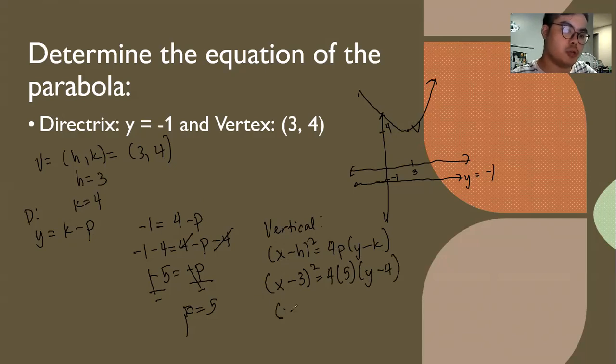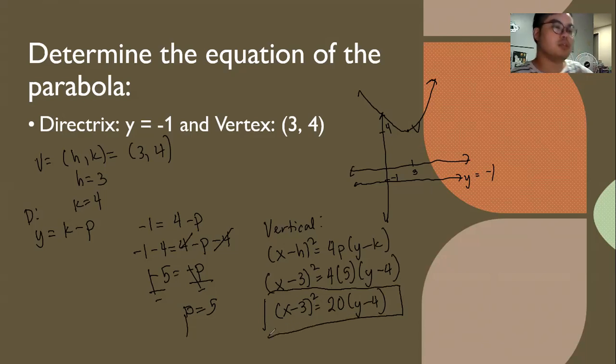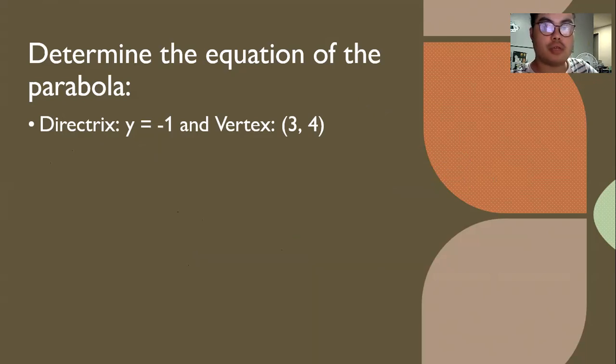Okay. So we're going to simplify it po. So ito po yung answer natin. So ito po yung equation natin ng parabola given ng directrix and vertex natin. Okay, so now we're going to move to the next question.